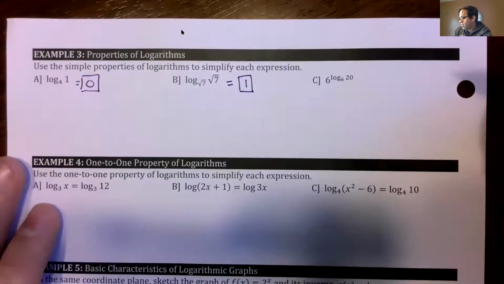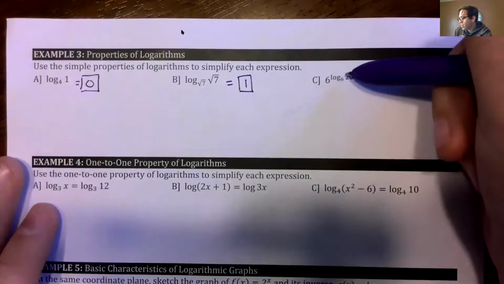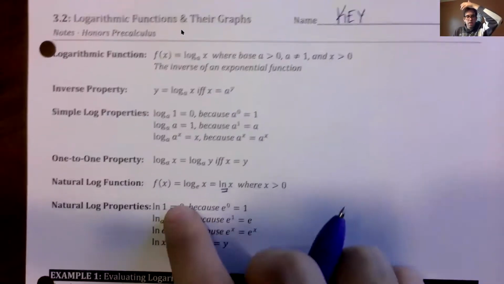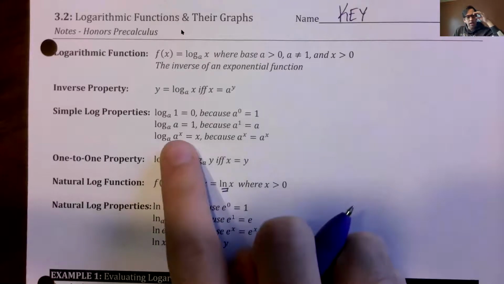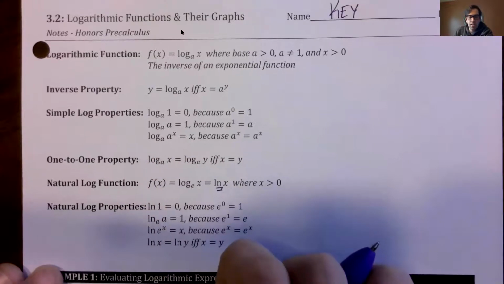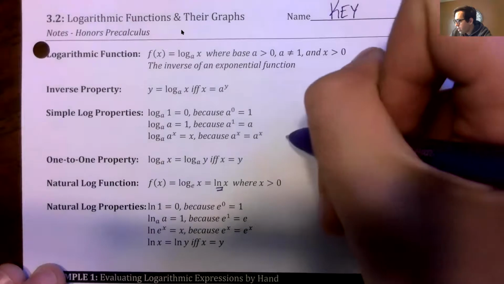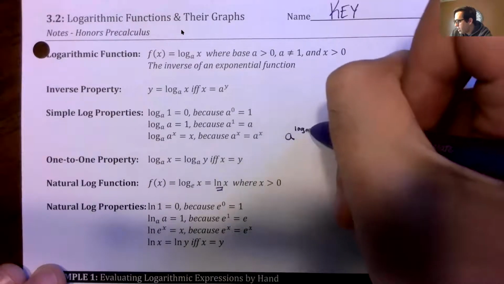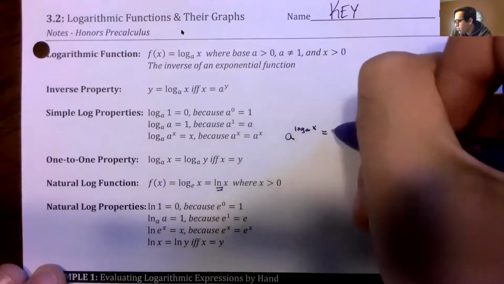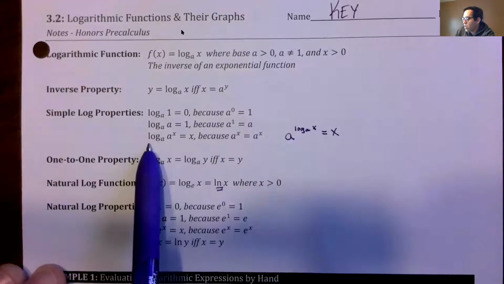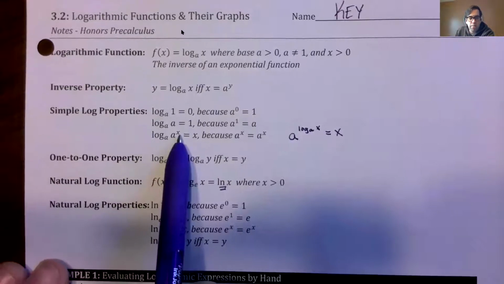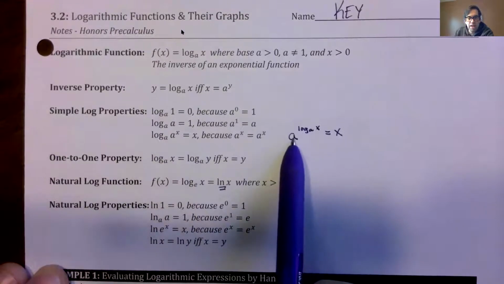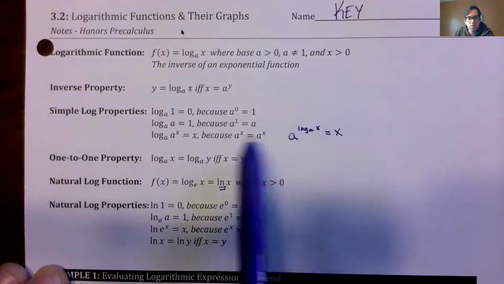And in this next one, 6 to the log base 6 of 20. We take a look over here. We have log base A of A to the x equals x. That can be rewritten the other way as well. A to the log base A of x equals x. So a logarithm and an exponential function are opposites, right? So if we do log base A of A to the x, it's the same as A to the log base A of x, which is both equal x.